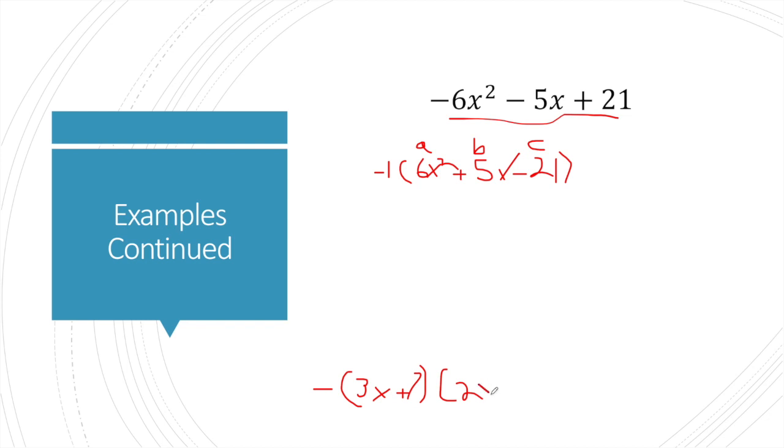So go ahead, work through this problem, find the factors of AC that add up to B, and see if you can factor this. Always remember you can check your answer if you need.